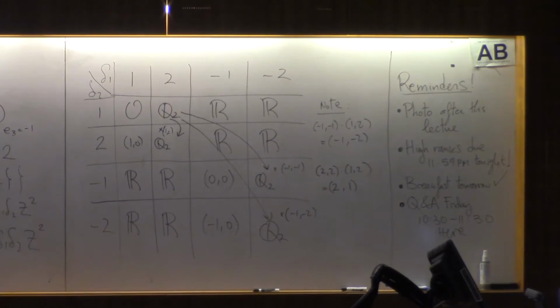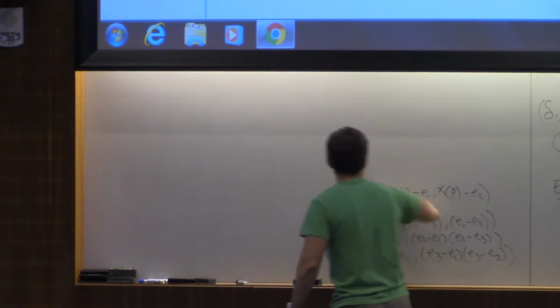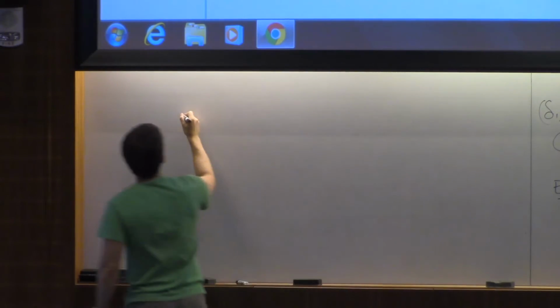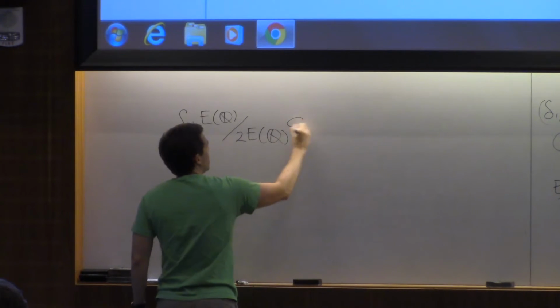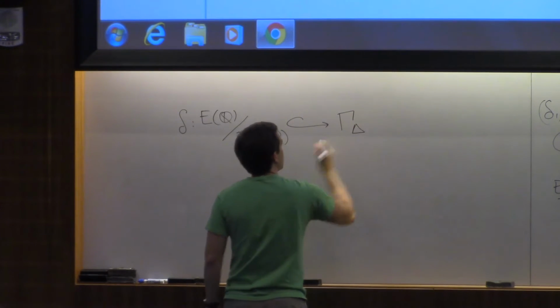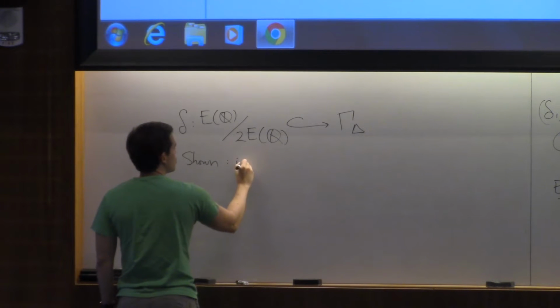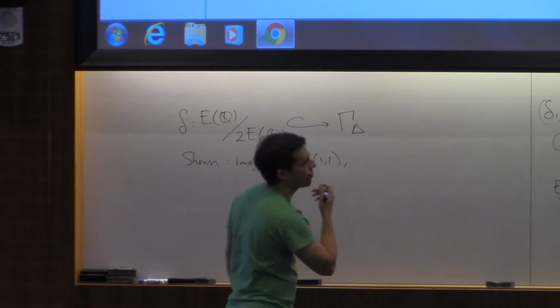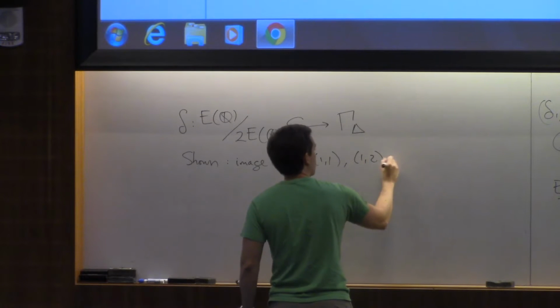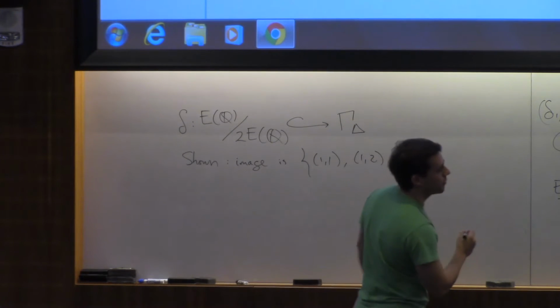So what the math tells me is that delta tells me that EQ modulo 2EQ injects into this gamma, and what I've shown is that the image is (1, 1), which survived, (1, 2), (-1, -1), and (-1, -2).